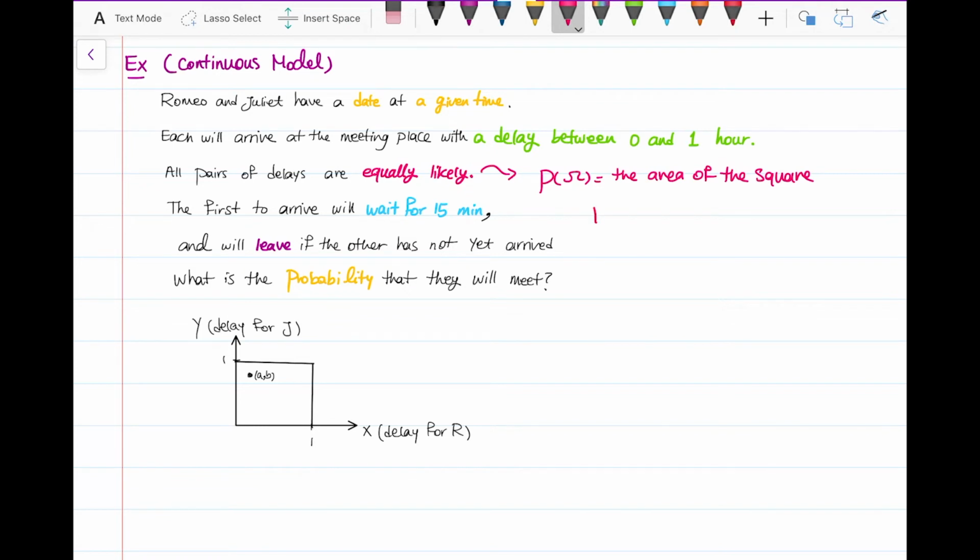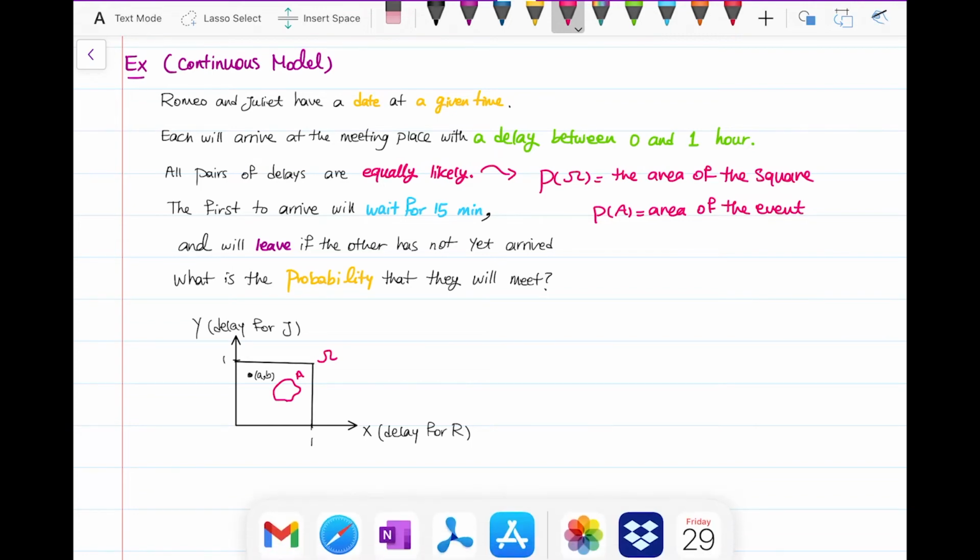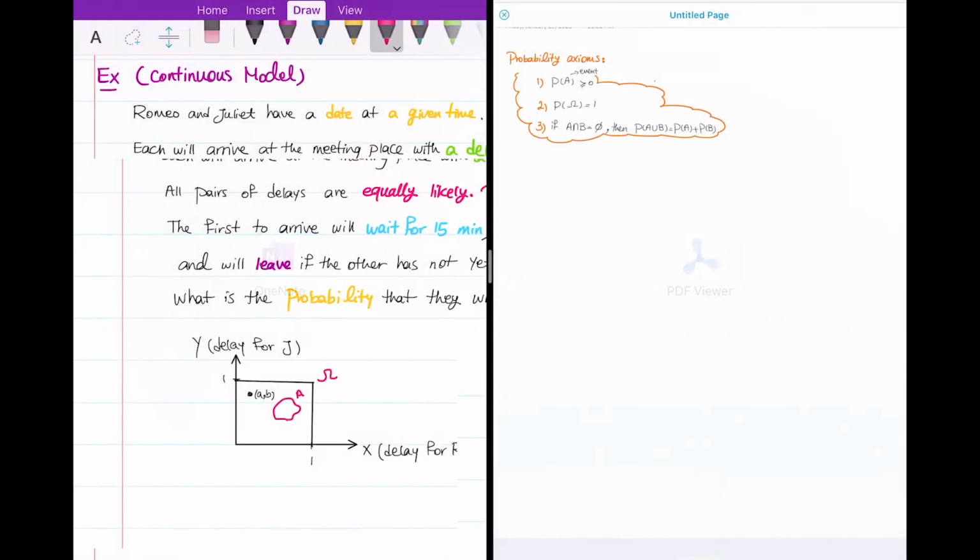In that case, any event would be any subset here consisting of points, where each point is a pair with a delay for each one of them. And the probability of any event is the area of the event. Okay, now is this probability law good? Let's check the axioms.